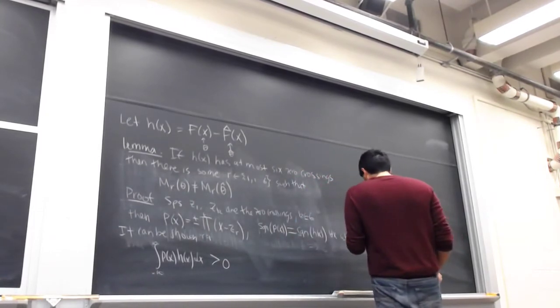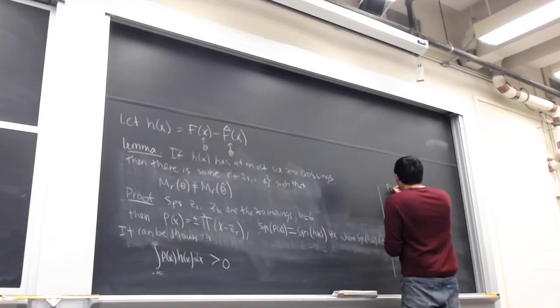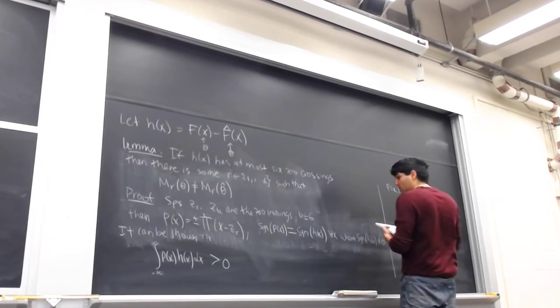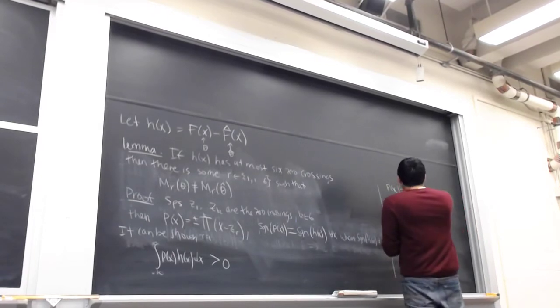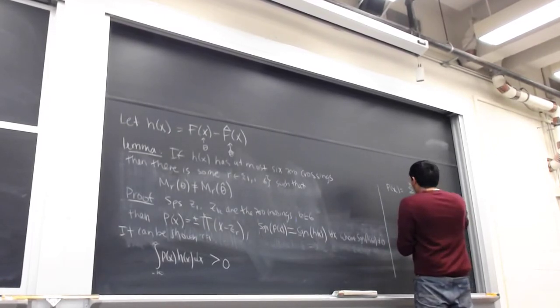Because now what we can do is we can write p of x, because it's a low-degree polynomial, explicitly the way we've constructed it, and just write it out as the sum from r equals 1 to k of pr, so that's the rth coefficient, times x to the r.